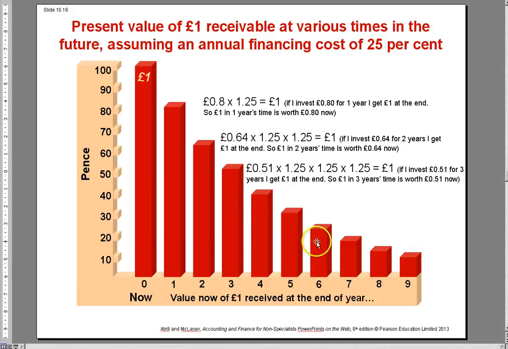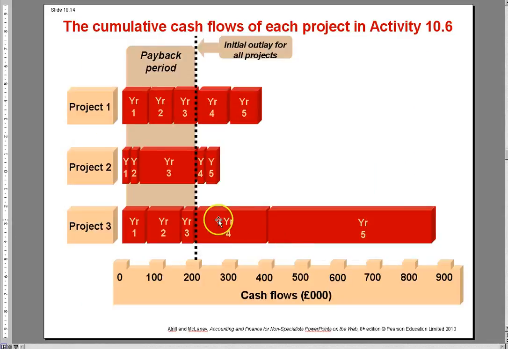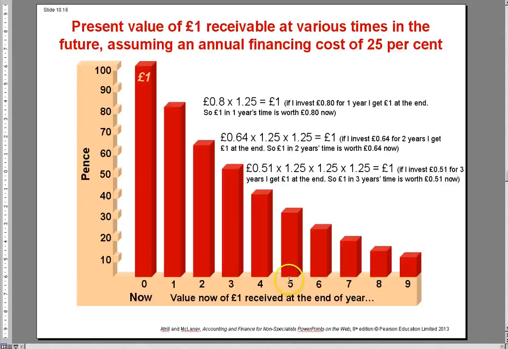Well, we weren't talking about £1, but we were talking in our projects about large amounts, say 200,000 in year 4, so we could multiply our 200,000 in year 4 by the discount rate, whatever it is for year 4.